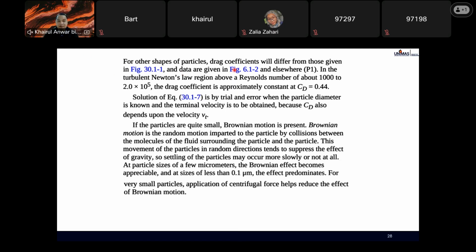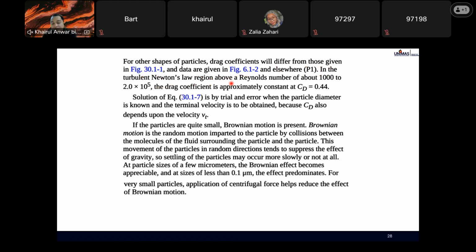For other shapes of particles, the equation will differ from those given in 30.1-1 and those given in 6.1-2. In the turbulent Newton's law region, above a Reynolds number of about 1,000 to 2 times 10 to the power of 5, the coefficient is approximately constant at CD equal to 0.44.